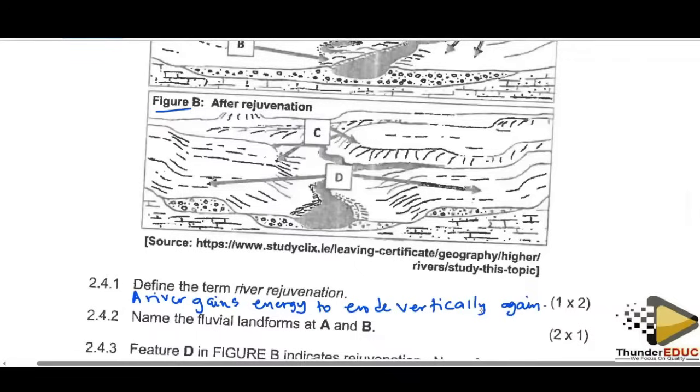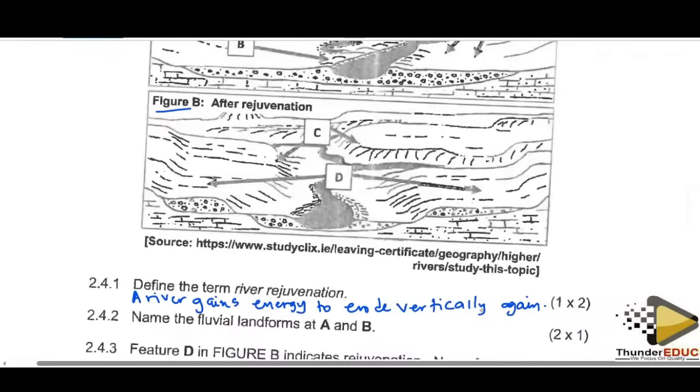So this means that before the river was more energetic, then it lost its energy, right? However, due to other factors, this river, it's like it was being reborn again. So it was able to regain its energy. And whenever the river gains energy, it makes it able to start eroding its valley or its channel vertically. Then we say it has been rejuvenated.